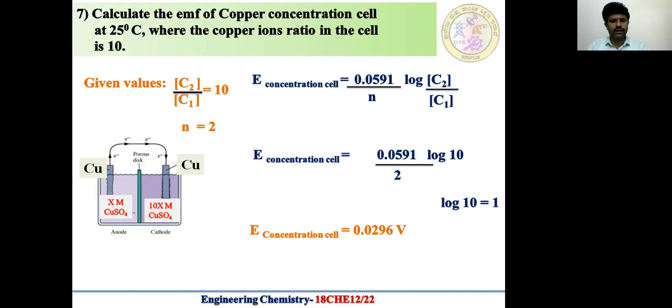So in this way, we can calculate the concentration of electrolyte at the anode, and we can calculate the concentration of electrolyte at the cathode of a concentration cell, and also we can calculate the EMF of the concentration cells, and also the valency of the ions.